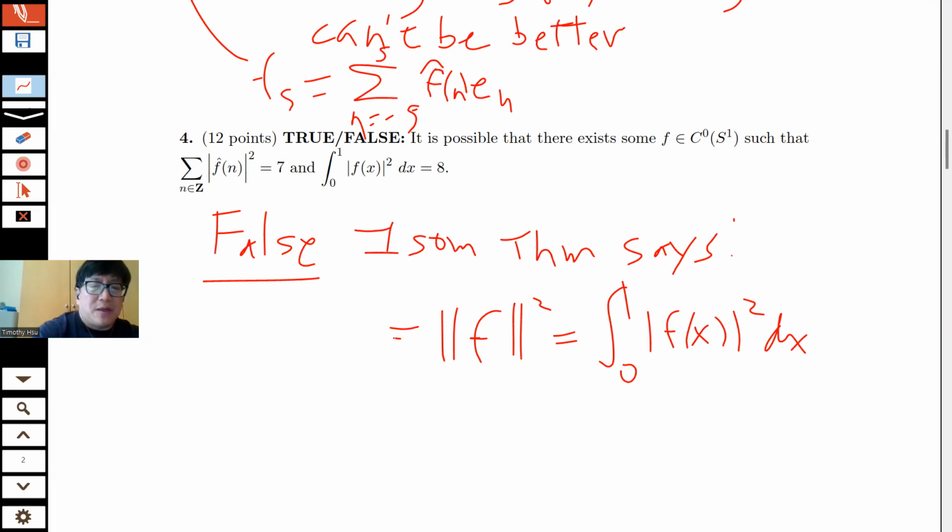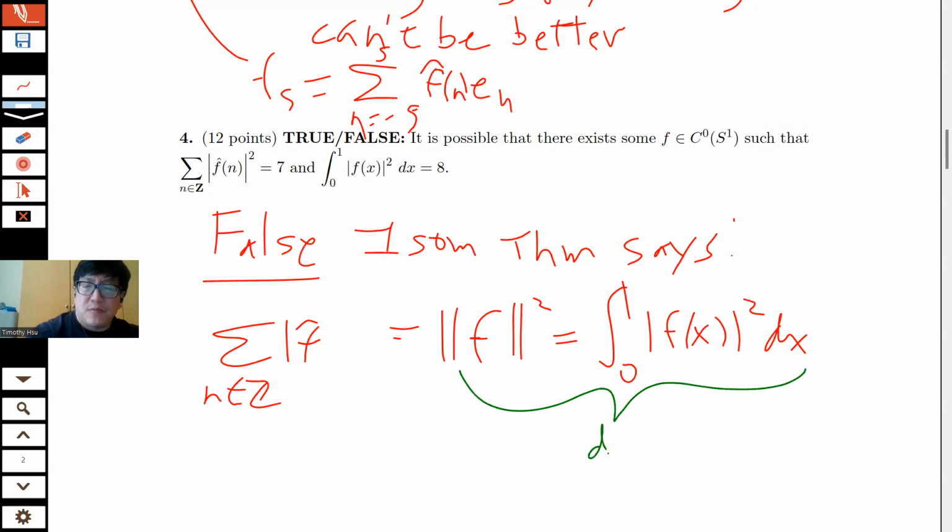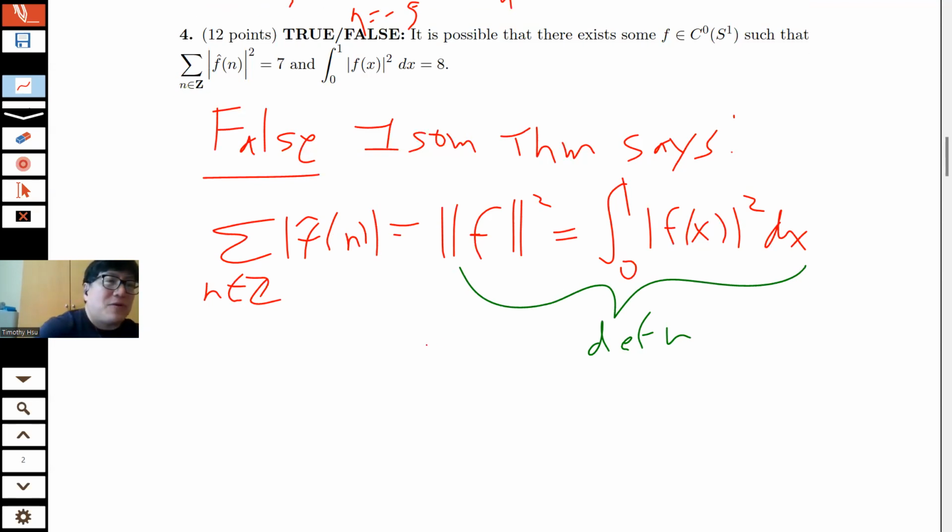And the other way of computing the norm squared of f is by theorem. One of the interesting things the isomorphism theorem says is that the norm of f squared is equal to the sum of the squares of the Fourier coefficients. That's by theorem.